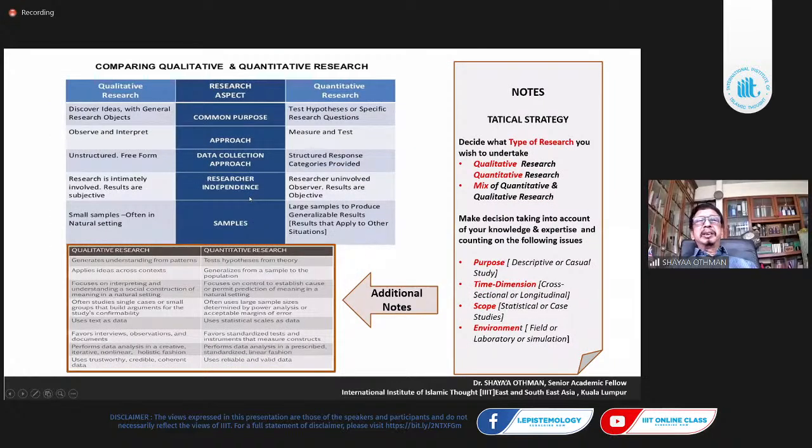Okay. You can see the example here, the difference between qualitative and quantitative. In quantitative, we test hypotheses, measures and tests. In this one, you observe and interpret. For example, just now our sisters were talking about psychiatrists and psychologists, mostly we observe and interpret.